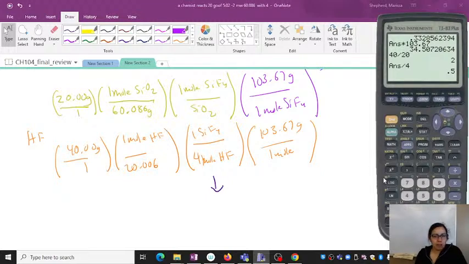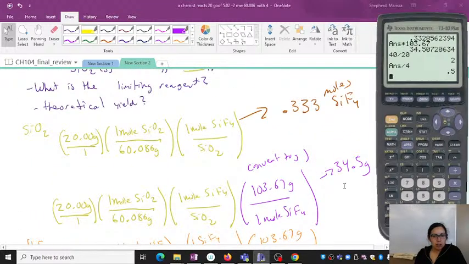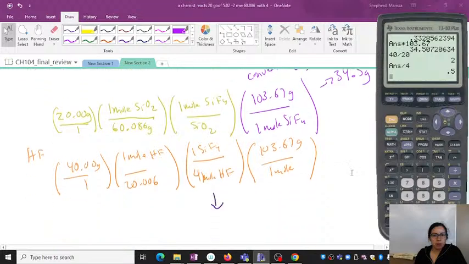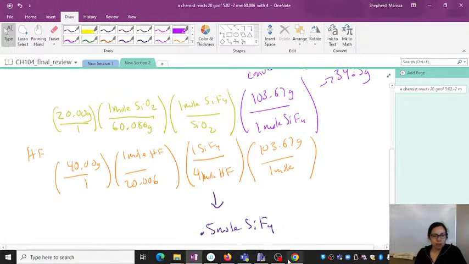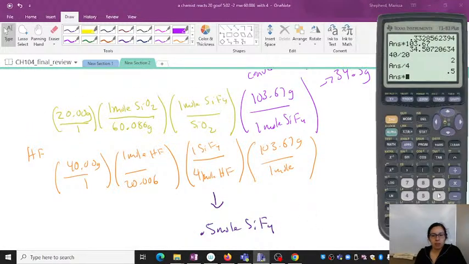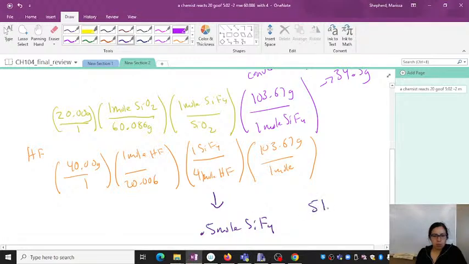And so I get 0.5 moles of product of silicon tetrafluoride, and then we could convert this to grams. So that'd be 51.8 grams.